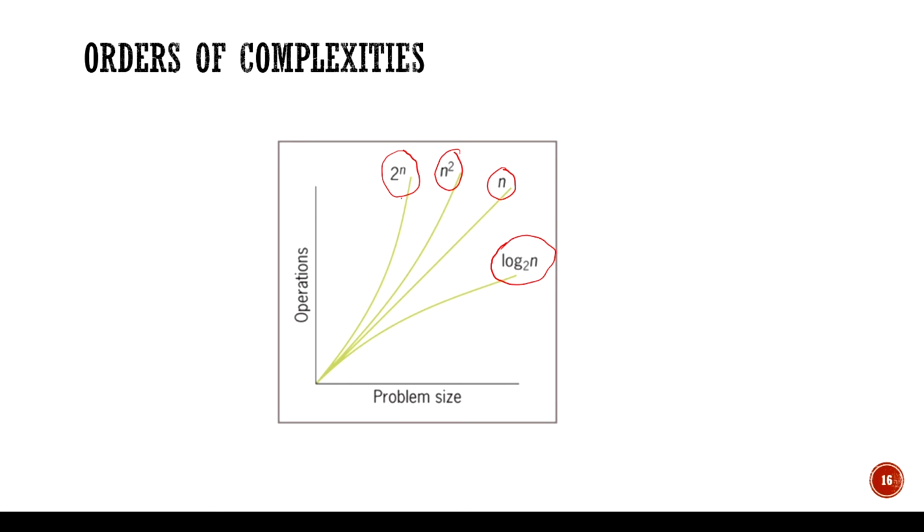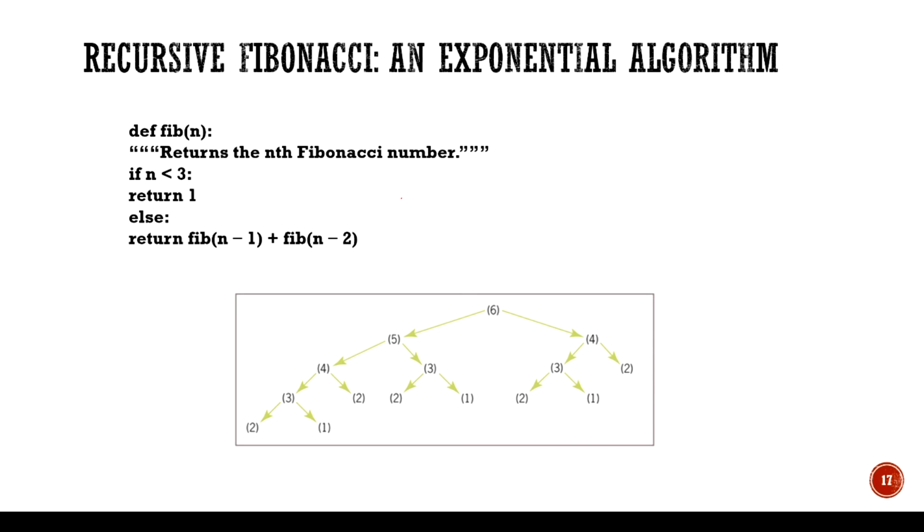We have seen one algorithm which increases exponentially, and that's the Fibonacci sequence. We used a recursive function for the Fibonacci sequence, as you can see in this tree. It is an exponential algorithm, and that's why when we wanted to find Fibonacci of 100, we had to wait for a long time.